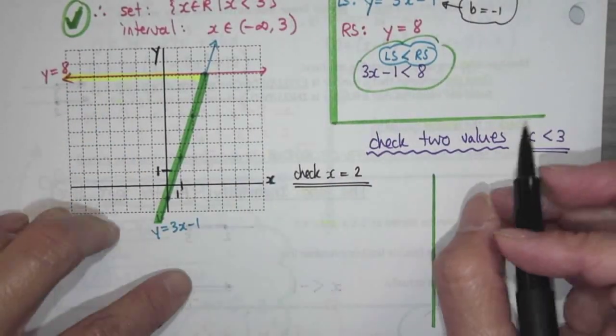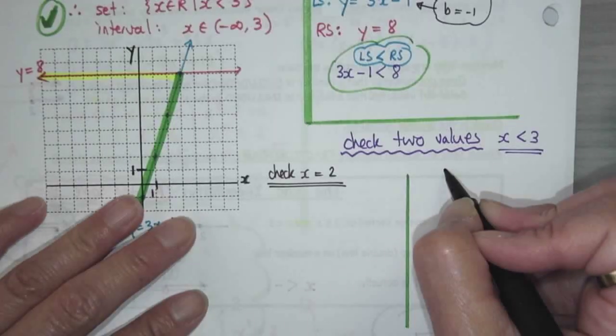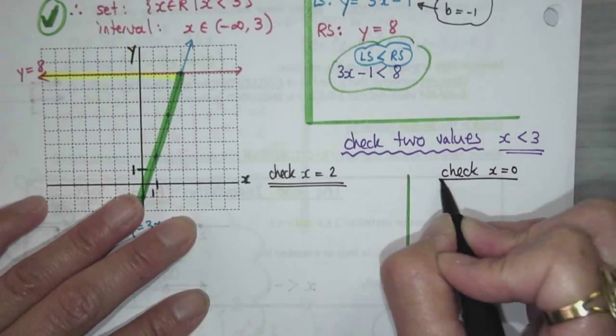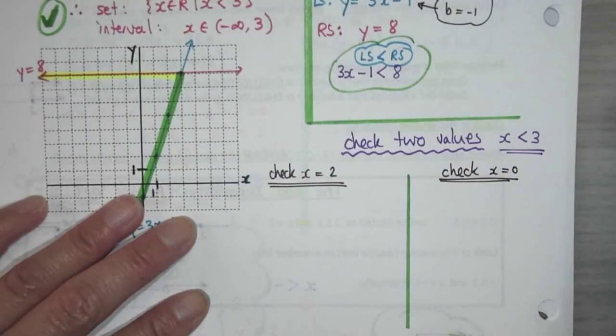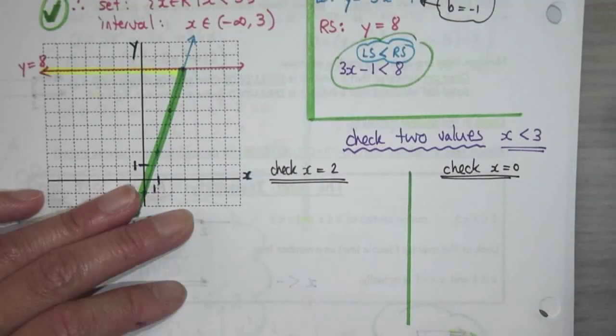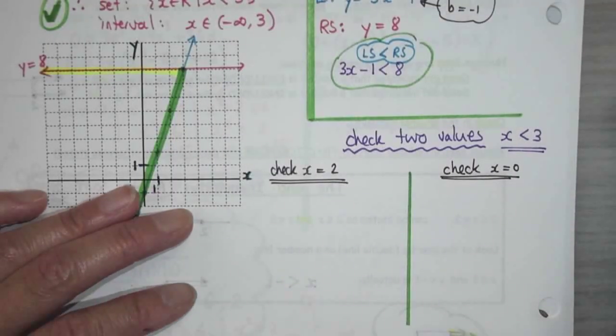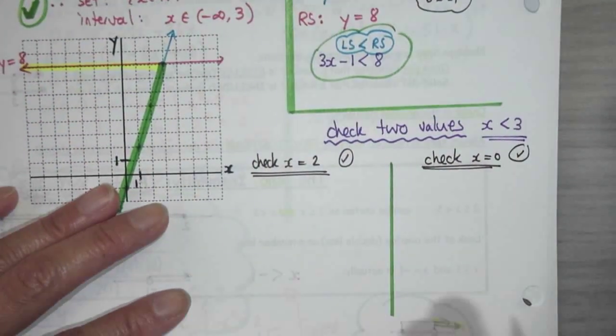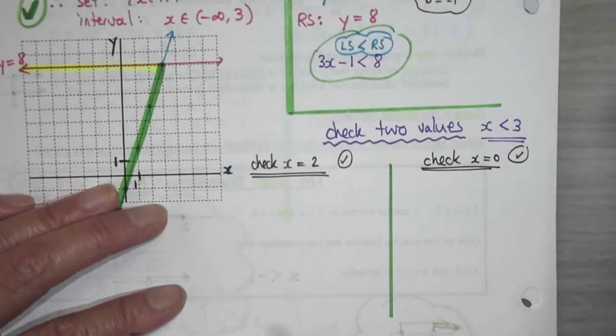Okay, what's another one? Do you want to check 0 maybe? 0 is sometimes nice, right? Don't get fancy. Don't do something silly that you're going to make a mistake with, right? So 0, anything less than 3. So it says check 2 values to make sure you're correct. So when I check it, I always want a title. So you've got to tell me what's happening. Remember, you're trying to explain your thinking. In grade 9, we force you to do it for the marks.